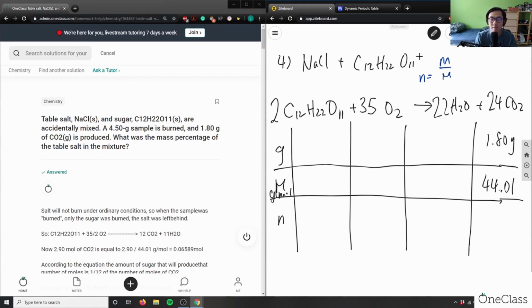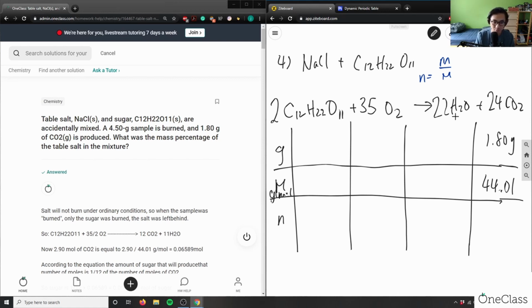Super small. And now moles is obviously mass divided by molar mass, like stated before. So I'm going to take 1.80 divided by 44.01, and that would give me the moles of my CO2 here.